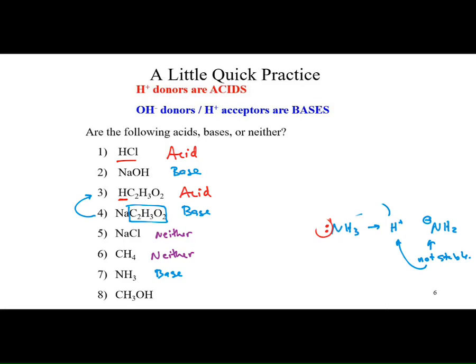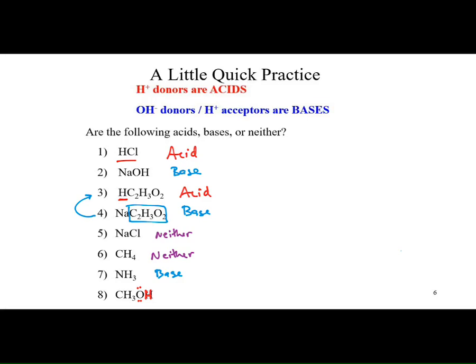CH3OH becomes a whole other fun can of worms to deal with, because that one has that hydrogen on it. It also has lone pairs. Depending on the situation we're in, it could really act as either. It's not going to be a strong acid or a strong base, but it's going to have some flexibility with it, which means what we're going to start to notice is that with acids and bases, we can make something be an acid as long as we react it with a strong enough base.